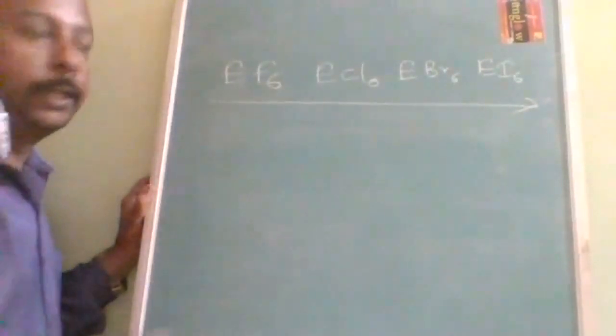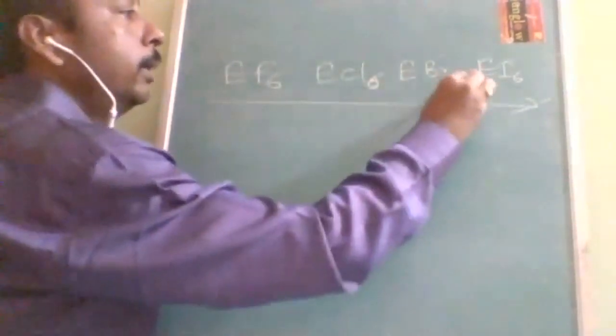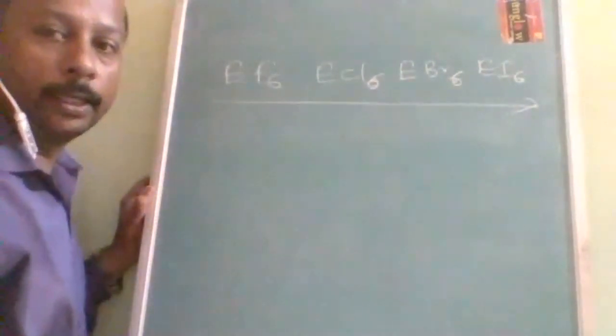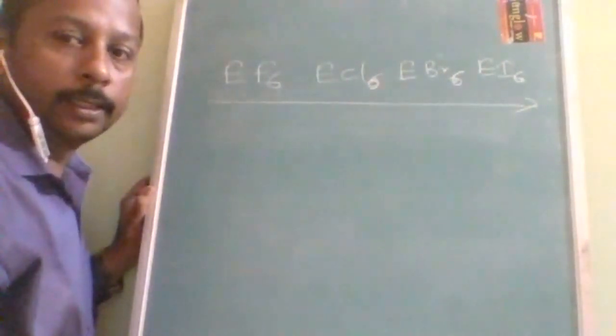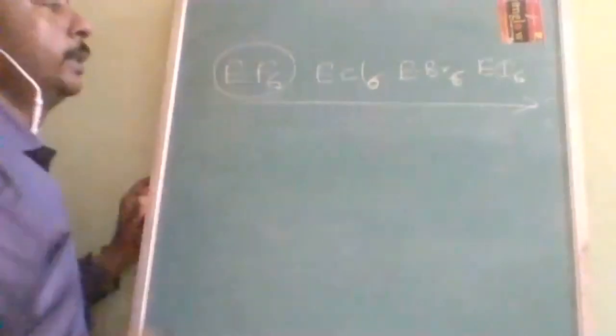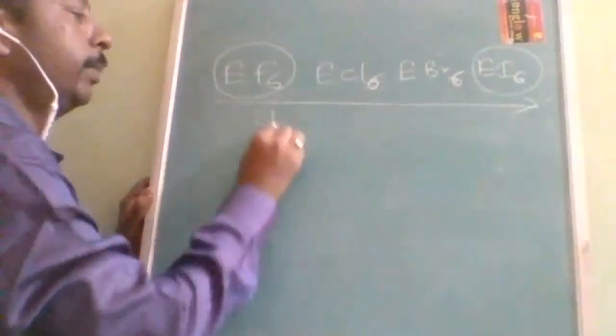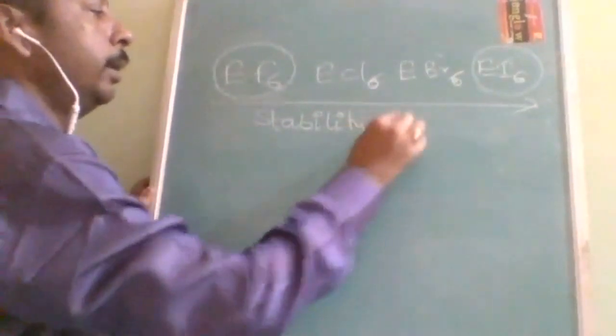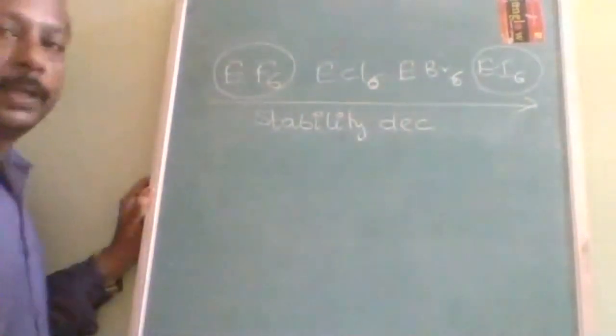From left to right, all are hexahalides only, but does stability increase or decrease? Very good. The correct answer is EF6 is more stable, EI6 is least stable. So stability decreases.